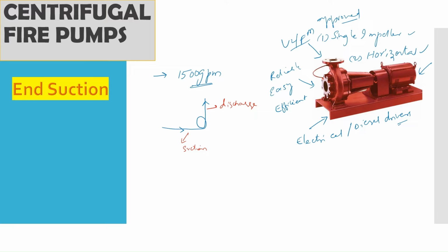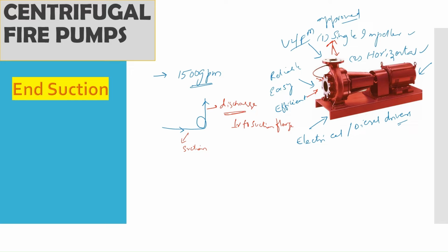So in end section pumps, we can see the discharge outlet is perpendicular to the suction flange. Now if you see this figure particularly, you have the suction from this side and the discharge outlet perpendicular to this suction flange.